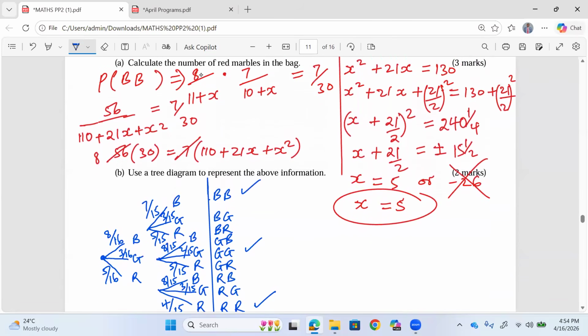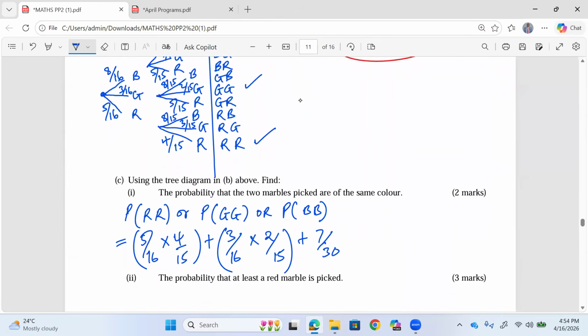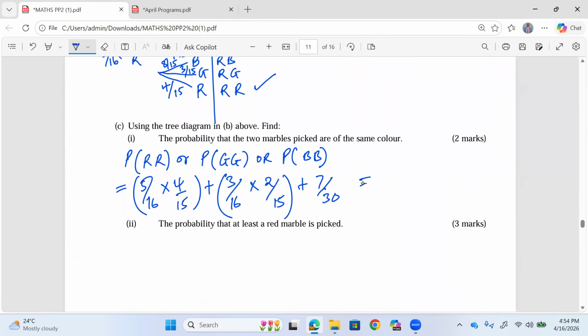It was already given here, but you can still calculate to prove it.